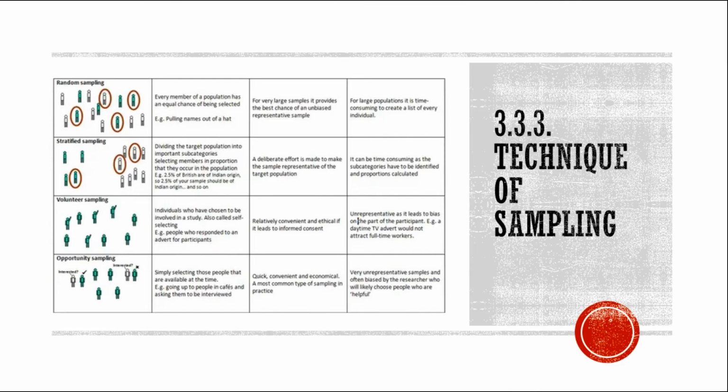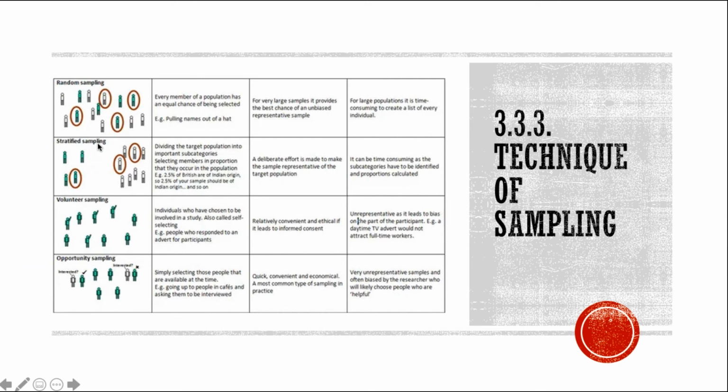We have many techniques in sampling. The most robust is random sampling, when you randomly select members from a population, so every member of the population has an equal chance of being selected. Another one is stratified sampling.